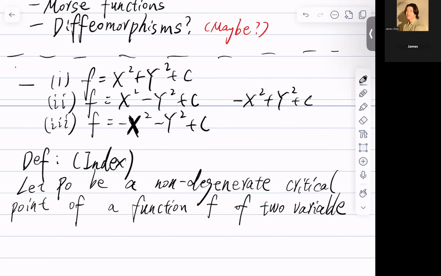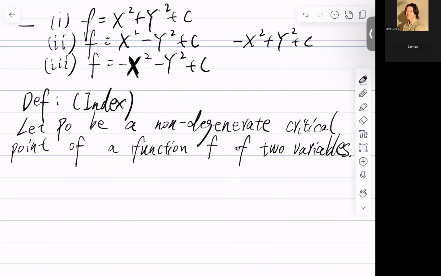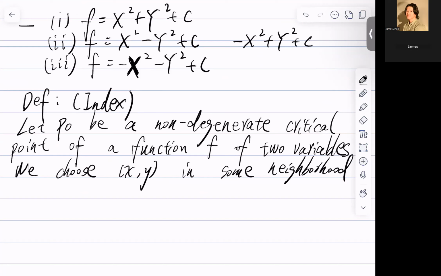So, let P naught be a non-degenerate critical point of a function f of two variables. We choose x and y in some neighborhood of the point P naught such that f has standard form.